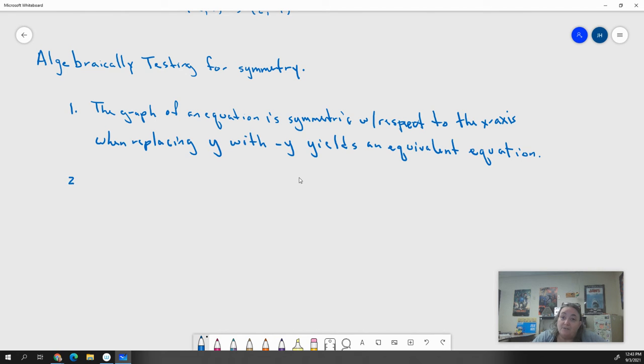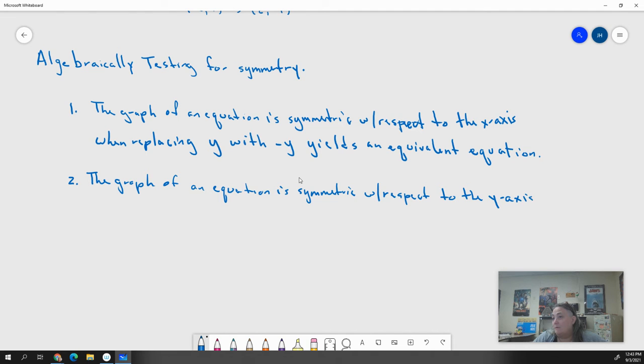Number 2 is going to be the same thing, right? Only we're talking about the graph of an equation is symmetric with respect to the y-axis if, when replacing, so this time we're going to replace x with negative x, right?